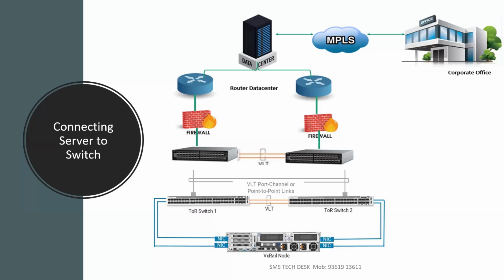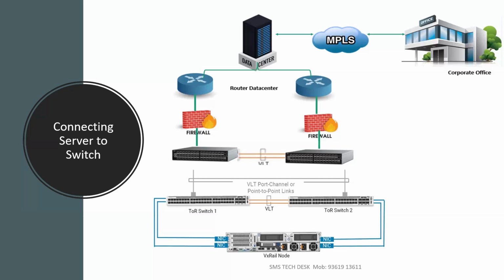Now, we are not going to focus on how the router will be configured, how the firewall will be configured, or how the leaf switch will be configured. Those things are completely out of scope for us. Our focus is completely on this VVF training, and from VVF training, we have to start with ESXi installation.